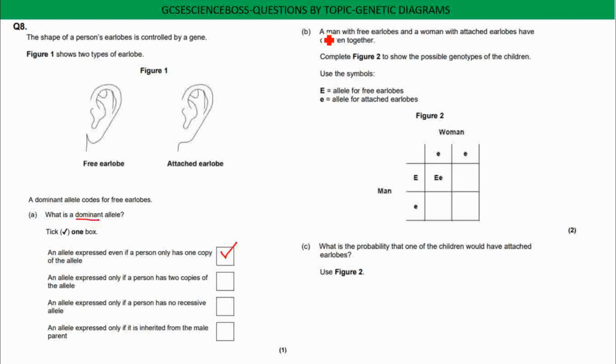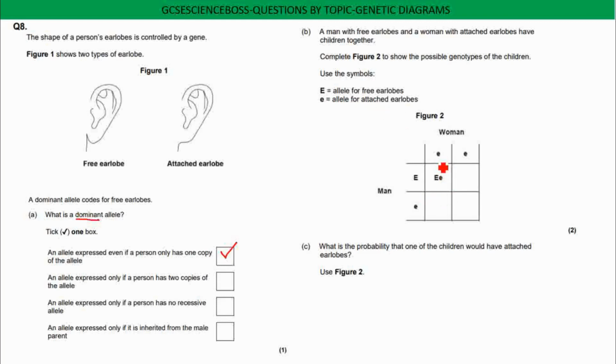Okay. A man with free earlobes and a woman with attached earlobes have children together. Complete figure 2 to show the possible genotypes of the children. So you have E for free earlobe and small e for attached earlobe.